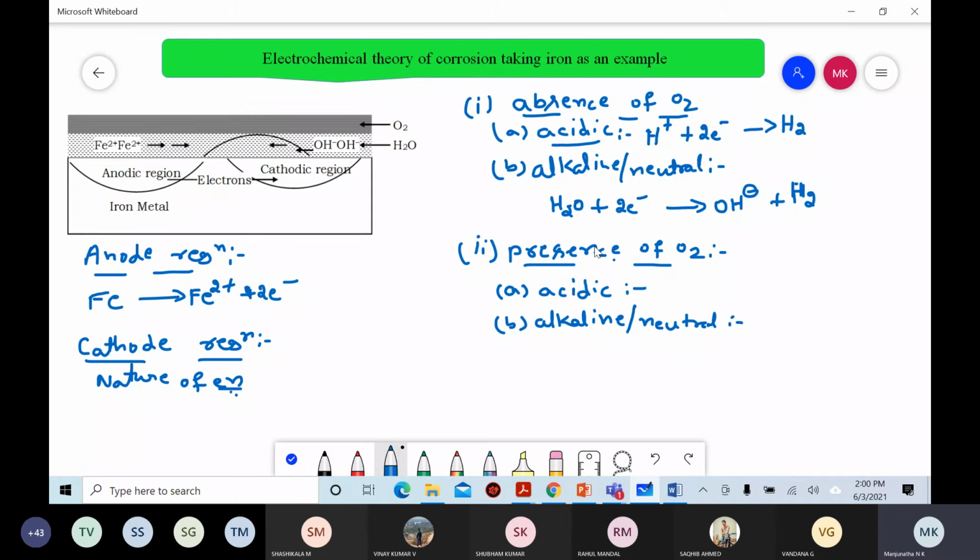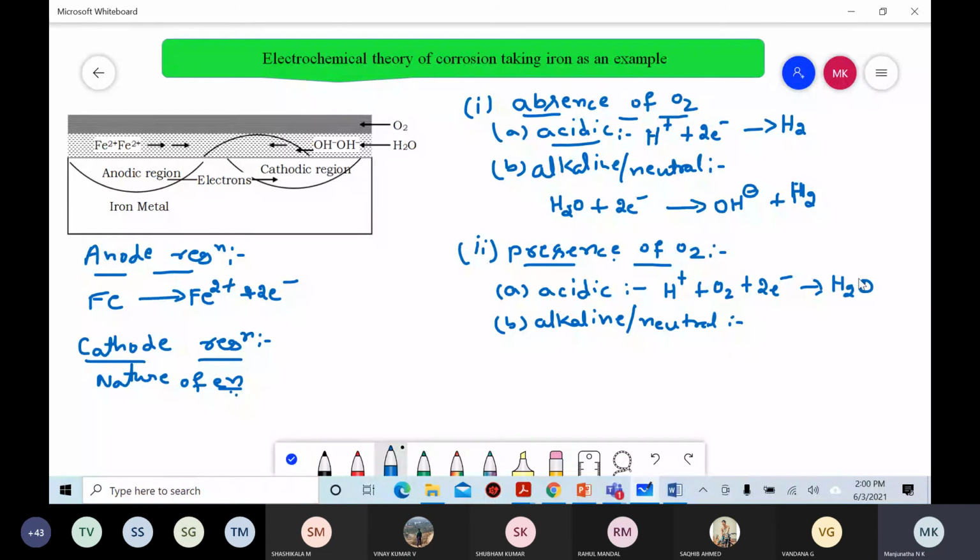In the first case, where the medium is acidic, whatever H plus ions are available undergo reaction with oxygen by gaining the liberated electron, and are reduced to moisture.